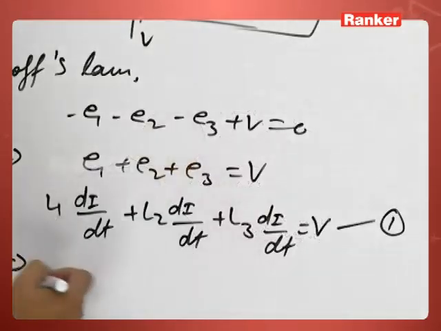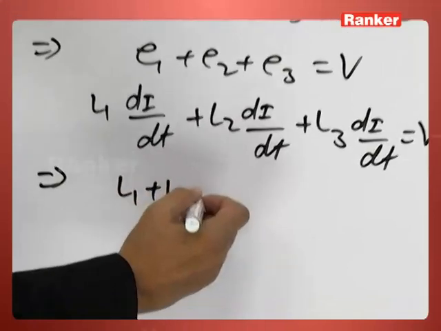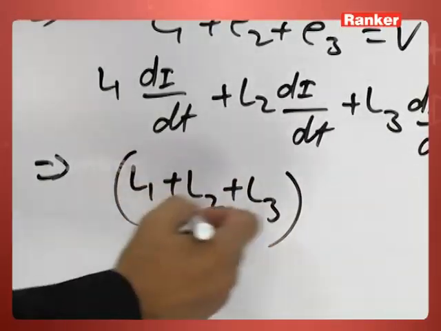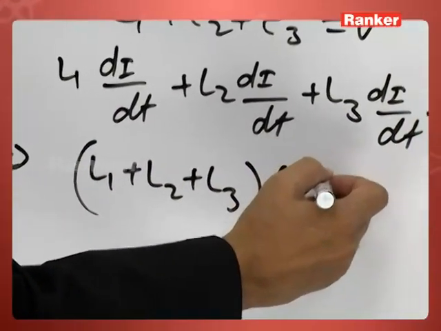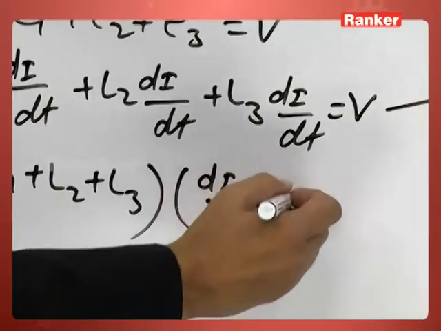That can be further written as L1 plus L2 plus L3 into di by dt is equal to V.